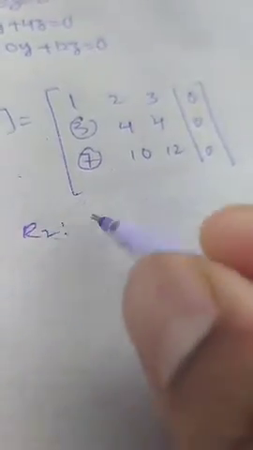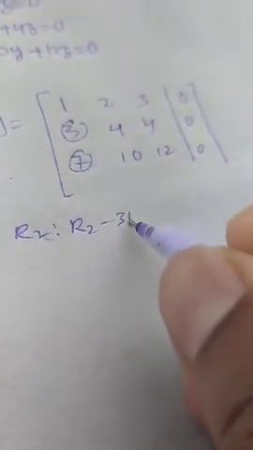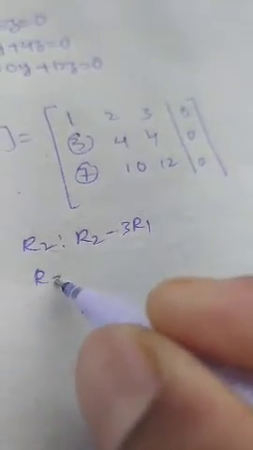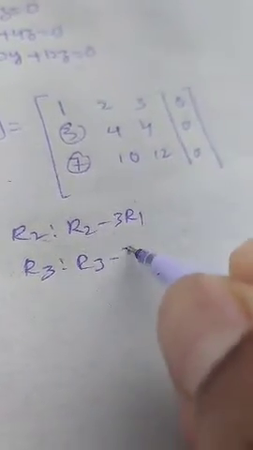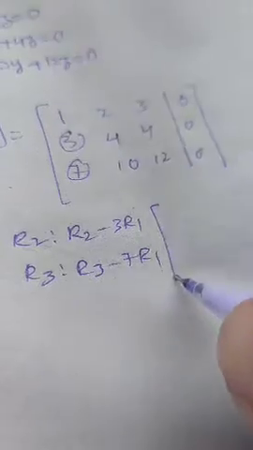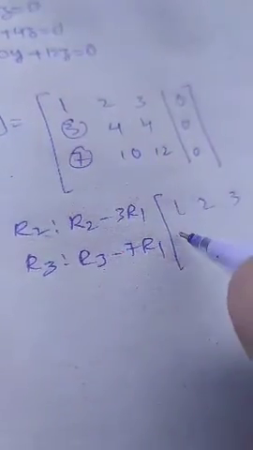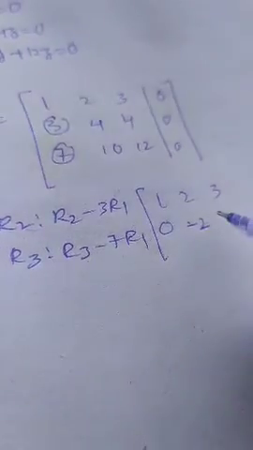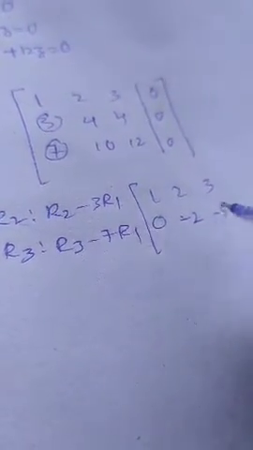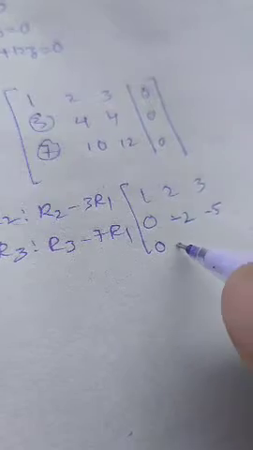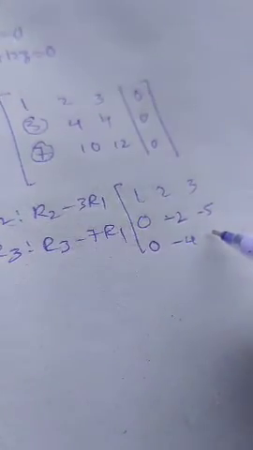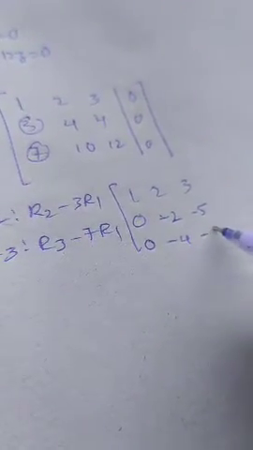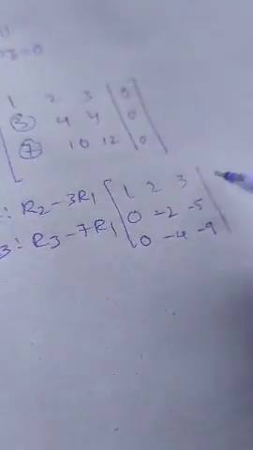So R2 minus 3R1, R3 minus 7R1. 1, 2, 3, 0, 4 minus 6 is minus 2, 4 minus 9 is minus 5, 0, minus 4, minus 9, 0, 0, 0.